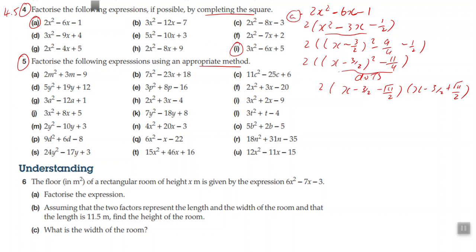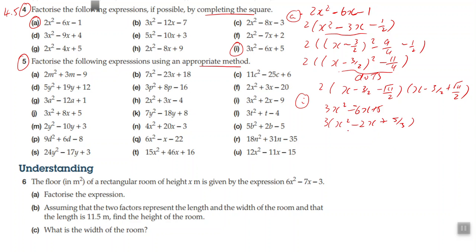Now, let's do an example of I. So for I, we've got 3x squared minus 6x plus 5. We want to use the scaffold, but I need to take a factor of 3 out first. So x squared minus 2x plus 5 over 3.